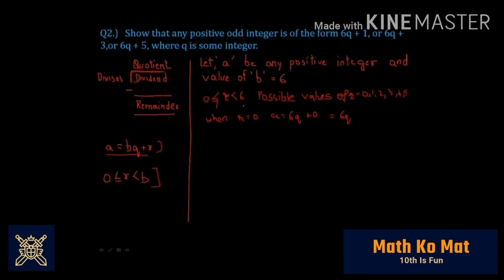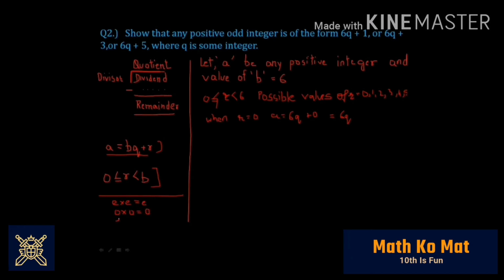And for this, I just want to tell you some relations. Whenever an even number is multiplied by an even number, the product will always be even. Whenever an odd number is multiplied by an odd number, the product will be odd.